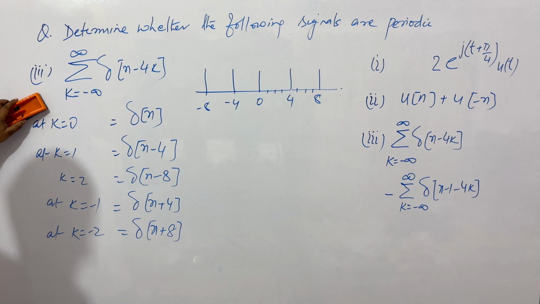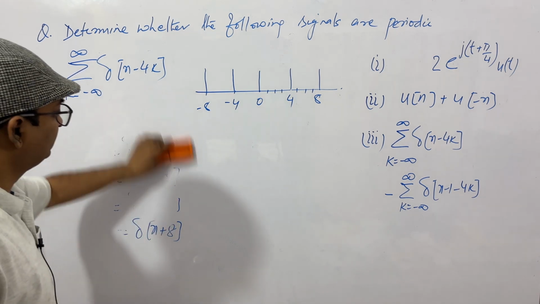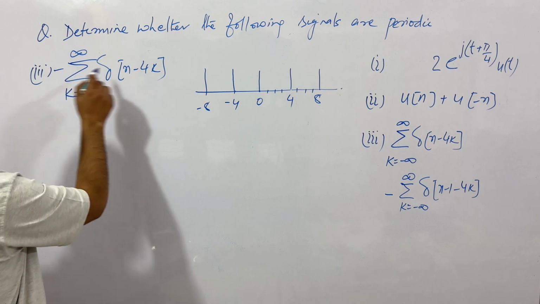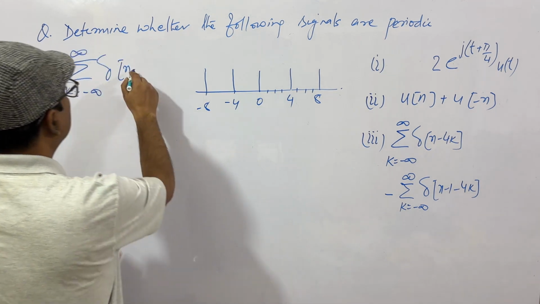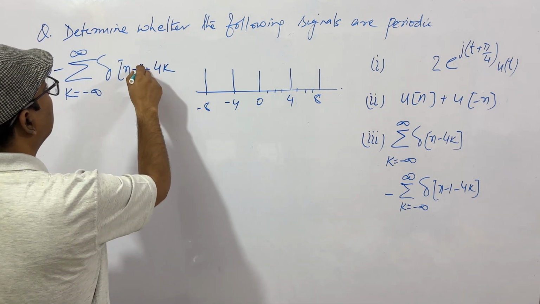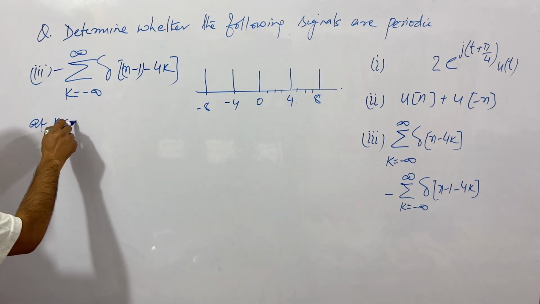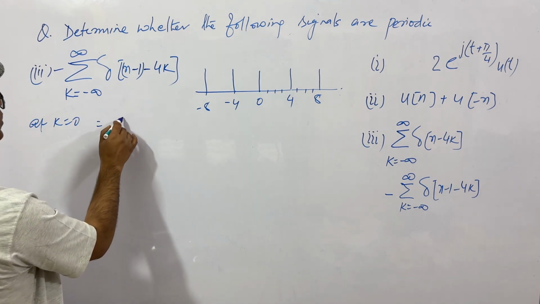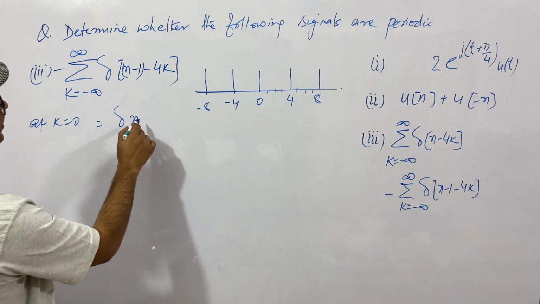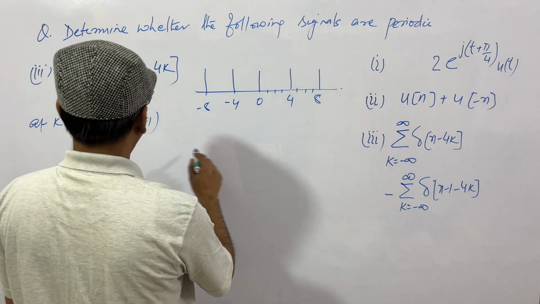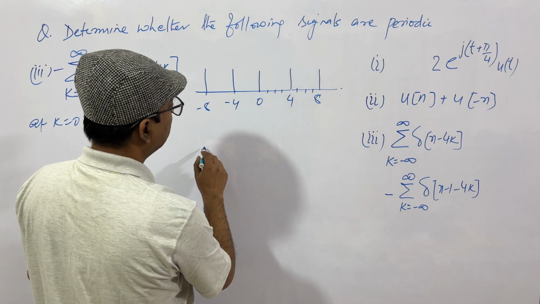What about the second signal? The second signal is minus of del n minus 1 minus 4k. So again we will see at k equal to 0, this will be equal to del n minus 1, and this is minus.